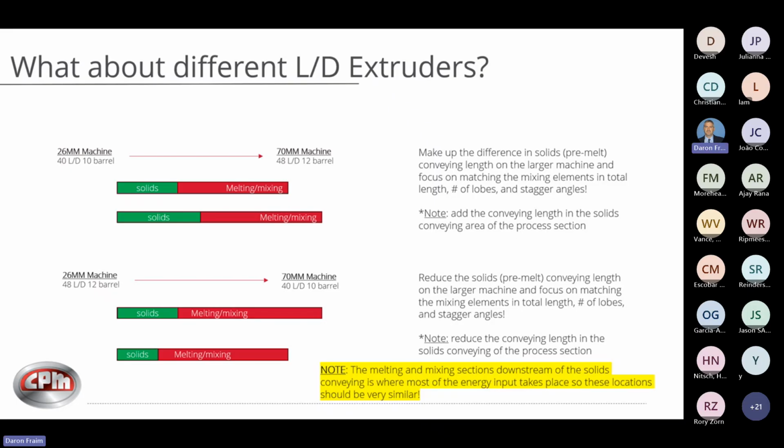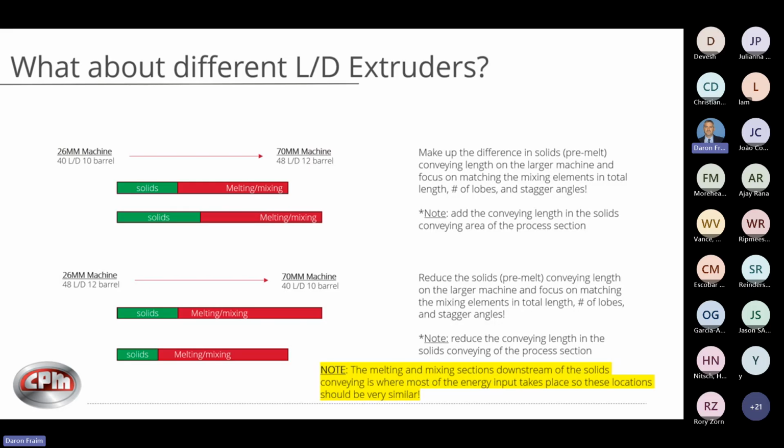So for example, if I move from a lab machine that's only 10 barrels to a production machine that's 12 barrels, then I'm going to have a little more solids conveying length on that longer machine, because my focus is the melting and mixing areas is where I want to keep equivalent, because that's where the majority of the energy input into the material takes place.